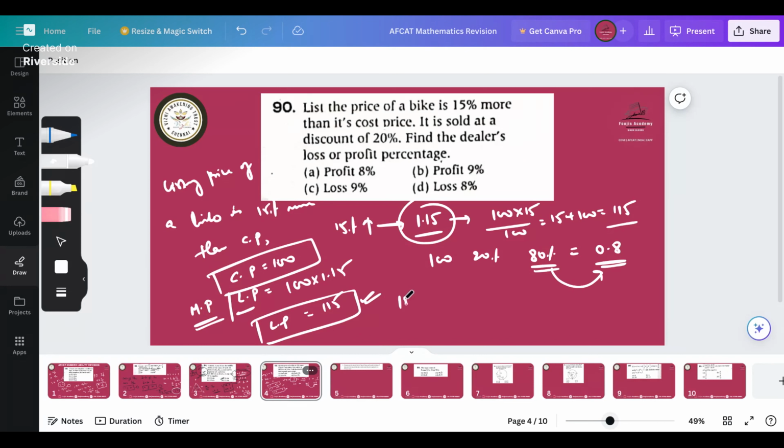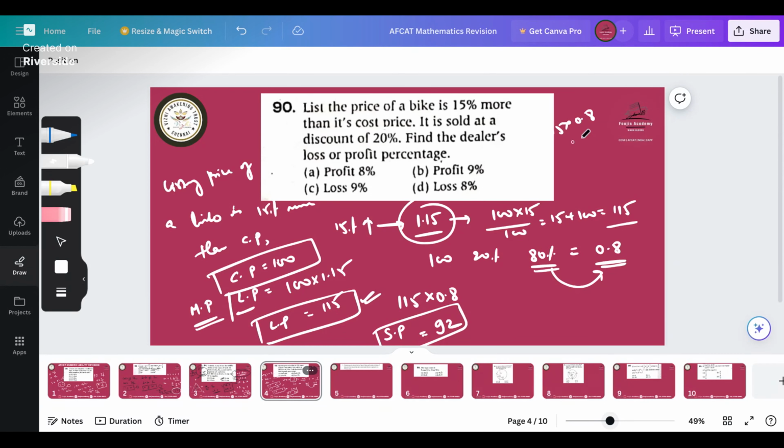So on 115, how much money did you retrieve? 88 plus 4, that means 92. You do this calculation, the answer is 92, and this will basically be your selling price, right? Just do the calculation, 115 into 0.8.